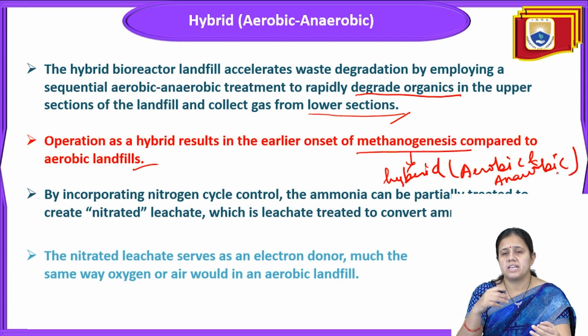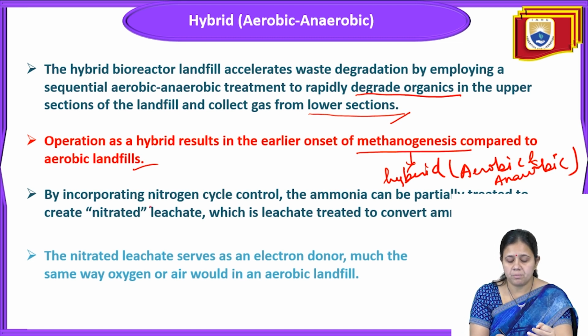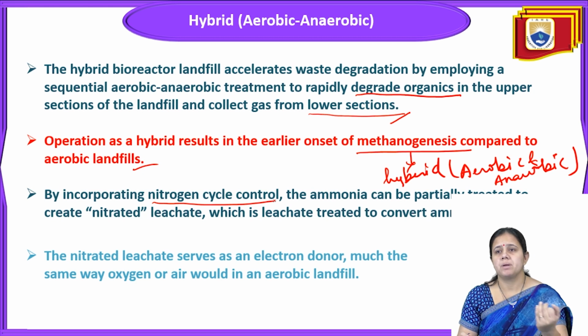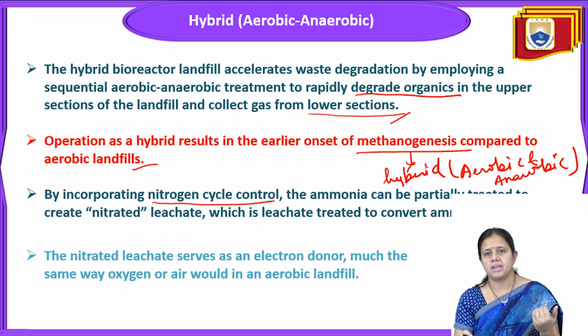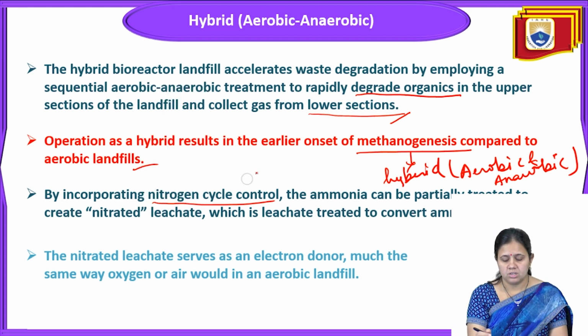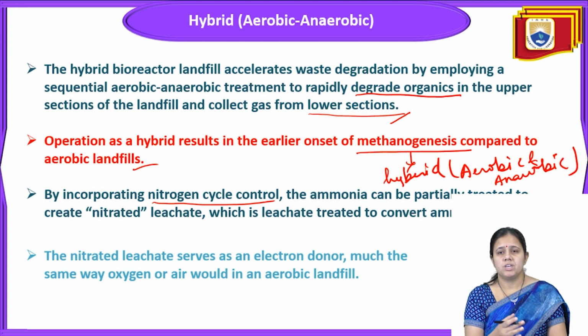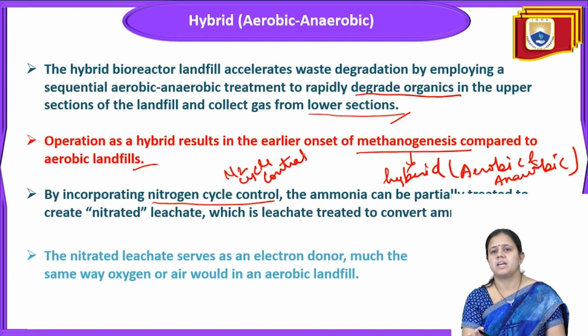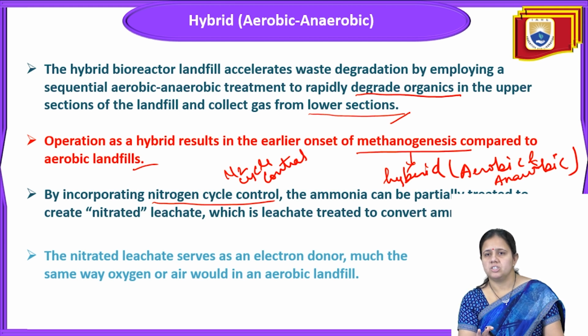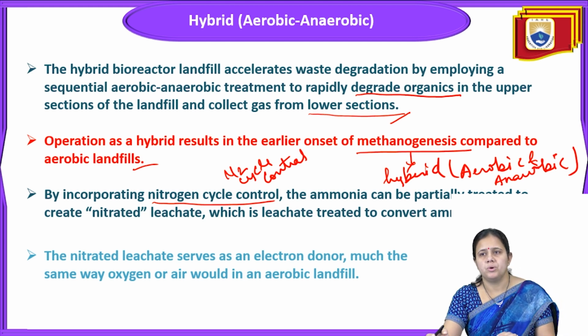By incorporating nitrogen cycle control, the ammonia can be partially treated to create nitrated leachate, which is leachate treated to convert ammonia to nitrate.